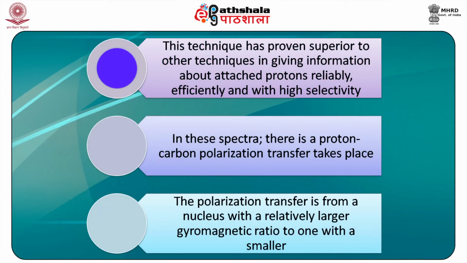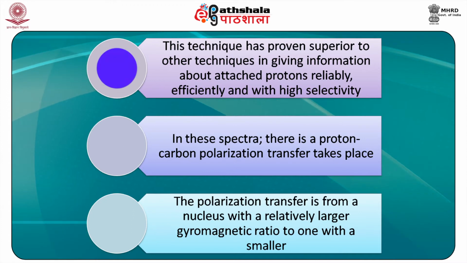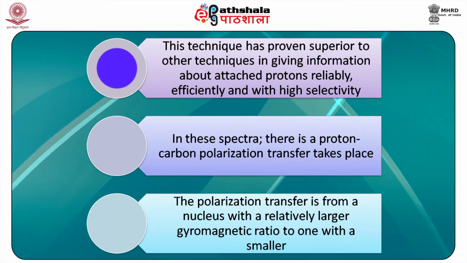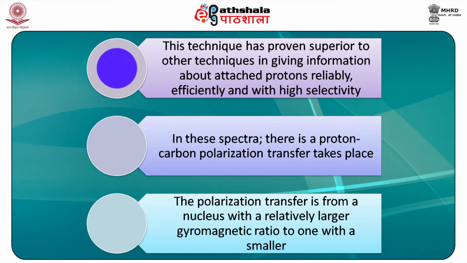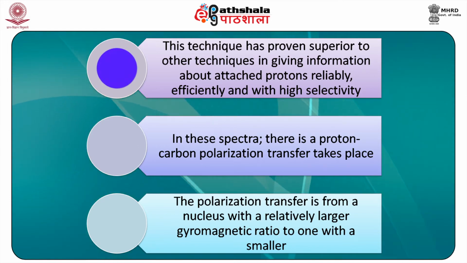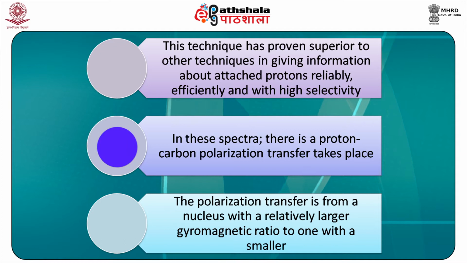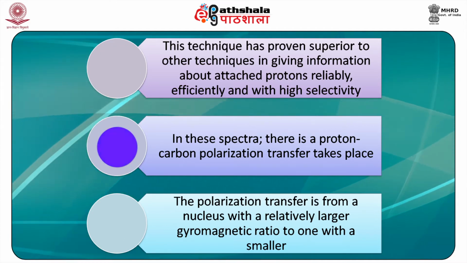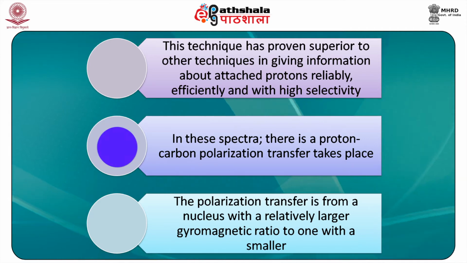This technique has proven superior to other techniques in giving information about the attached protons reliably, efficiently and with very high selectivity. In these spectra, a proton-carbon polarization transfer takes place.